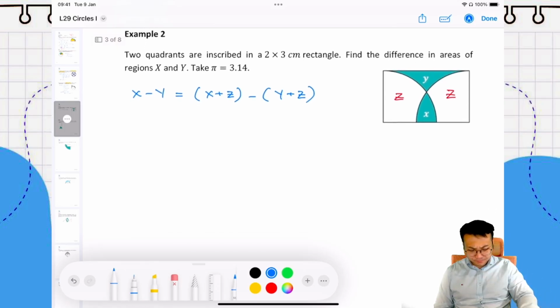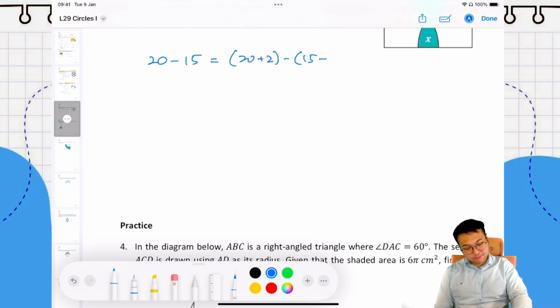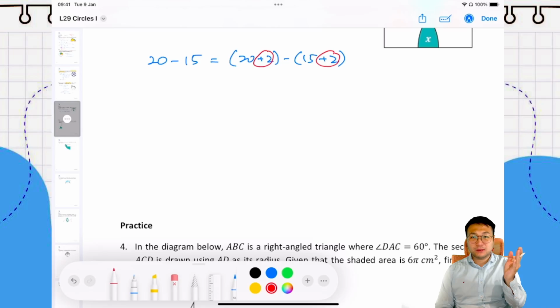For example, if I ask you what is 20 minus 15? 20 minus 15 equals 20 plus 2 minus 15 plus 2. Does it work out? Because I'm adding the same thing to both numbers, so in the end they'll just cancel each other out. Right, students?